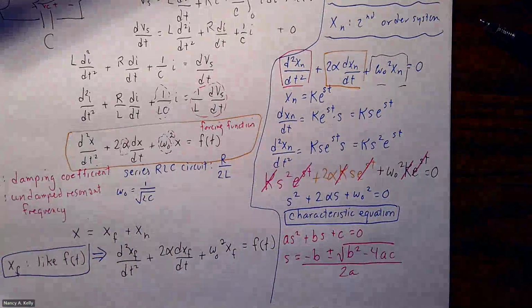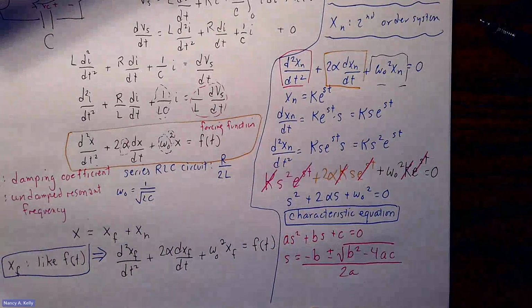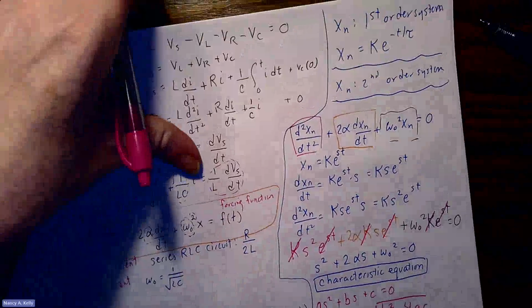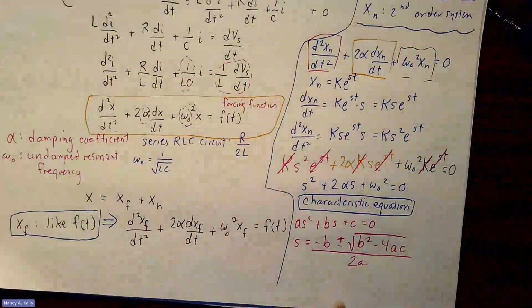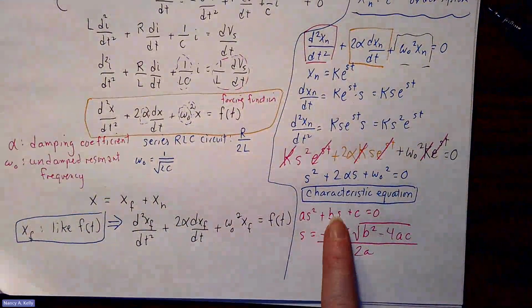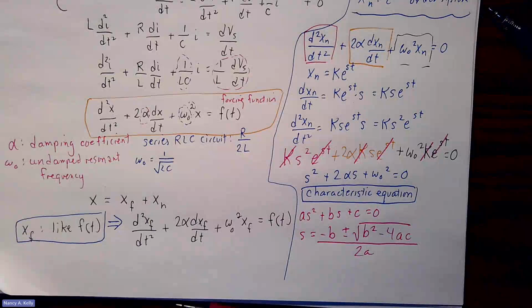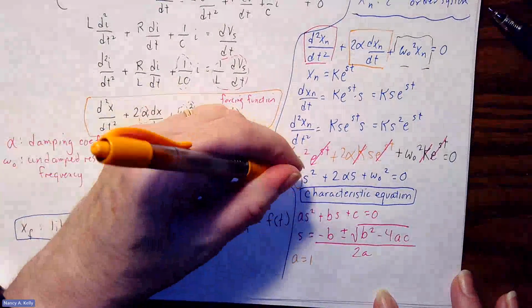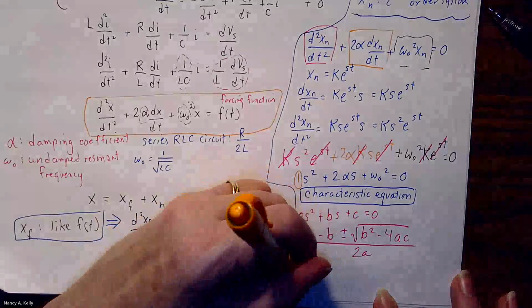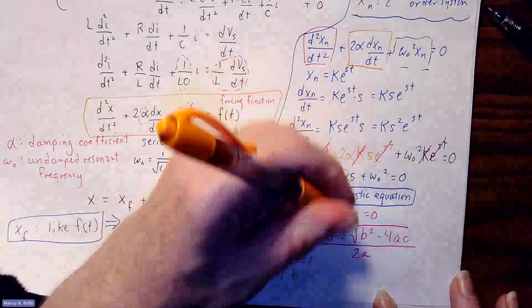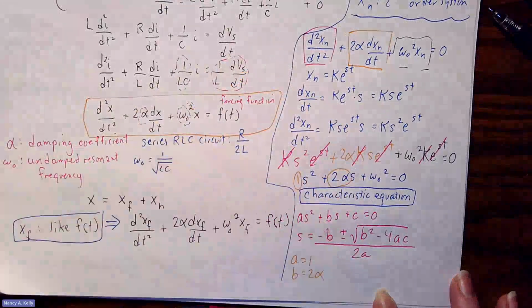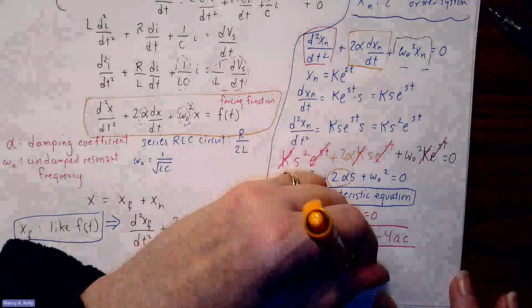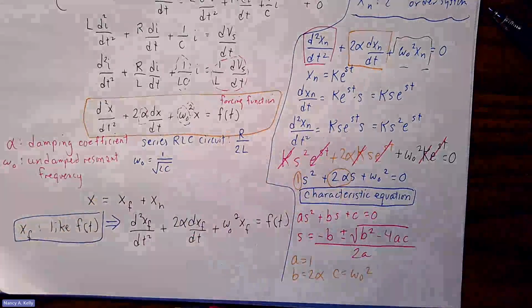Okay. Now, having done that, we can go ahead and solve this. So we can assign values. a is equal to 1, right? Because the coefficient here is 1. b is equal to 2 alpha. And then c is equal to omega 0 squared.